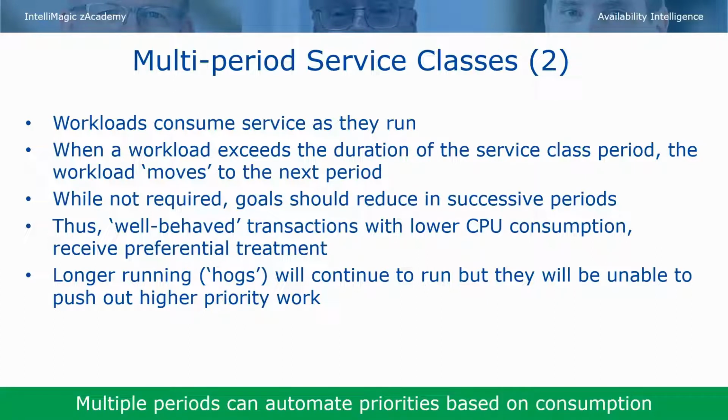So the general effect here is that very short, low consumption, we'll call them well-behaved, transactions will generally complete in the early periods, and they will enjoy the highest priority, which you would generally want to set for, say, a first period. And then the longer running, higher consumers will begin at that same high priority, but they'll have their priority lowered automatically after they've consumed the specified amount of service and then move to the next period.